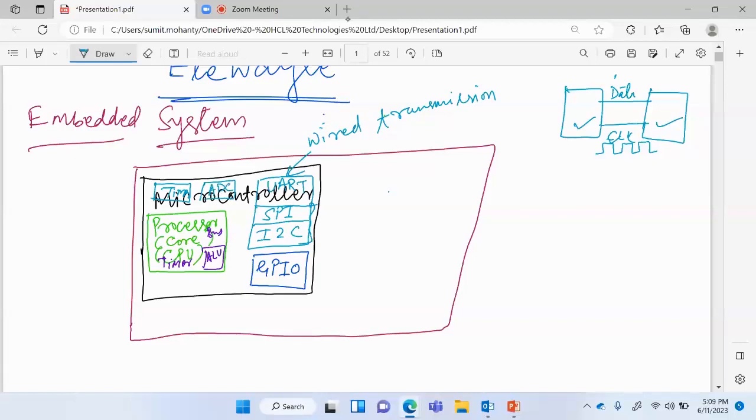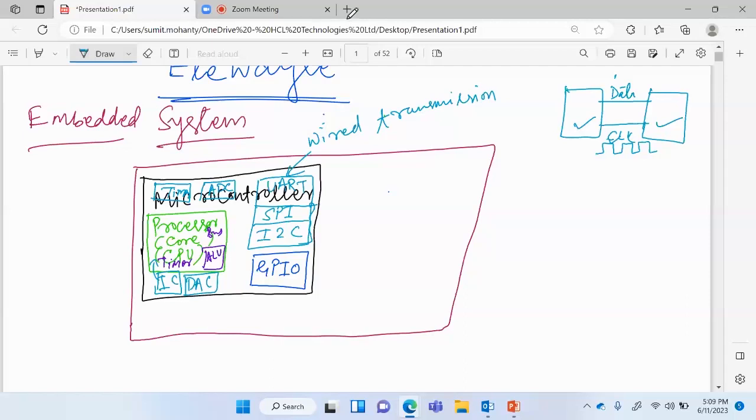We can have an interrupt controller. IC means interrupt controller. Sometimes the interrupt controller is a part of the processor. The processor which we are going to discuss today has its own interrupt control. Clear? We can have some DAC. You can have other different types of communication protocols also.